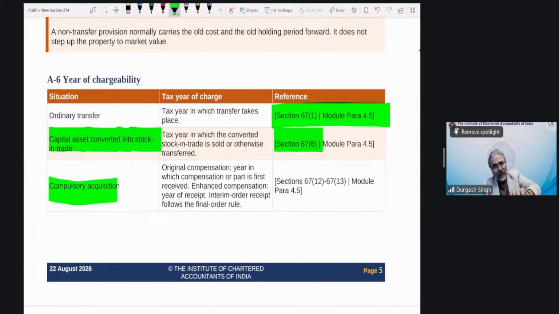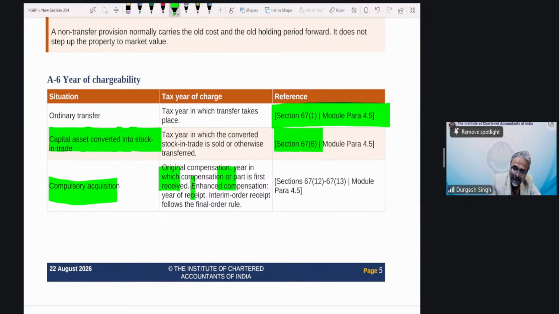And we all know that the entire computation has to be done in that very year itself. Even if the compensation may have been received in part, you have to do the full computation of capital gains.